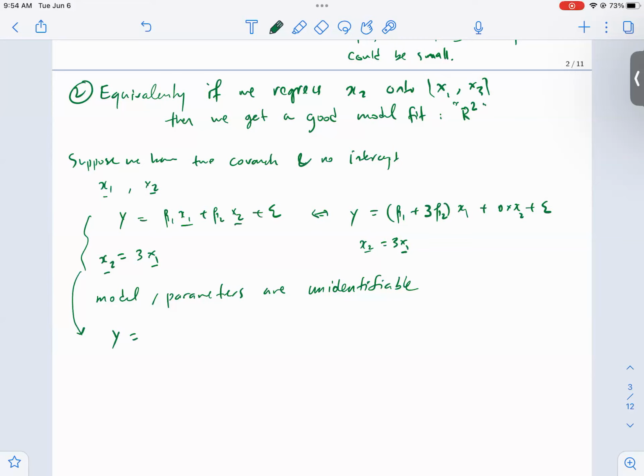So for example, if I want to write it as whatever beta I want, let's say 2 beta 1 x1 plus, how can I do this? You can do a lot of different things. It might be a little bit tricky, but let me give you another example.